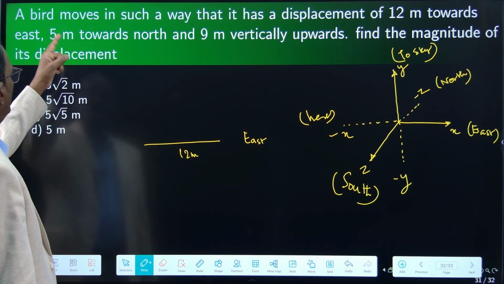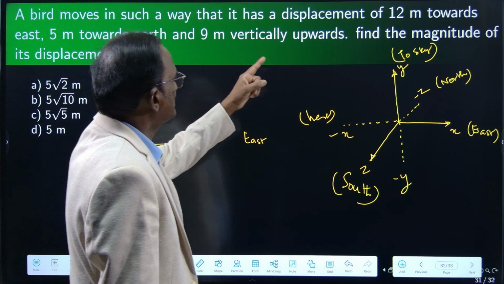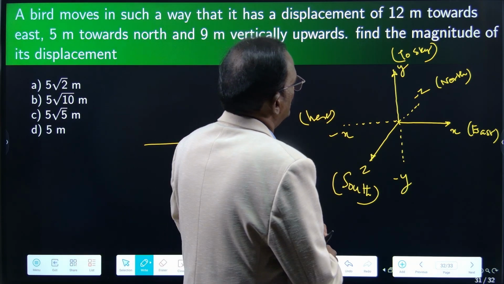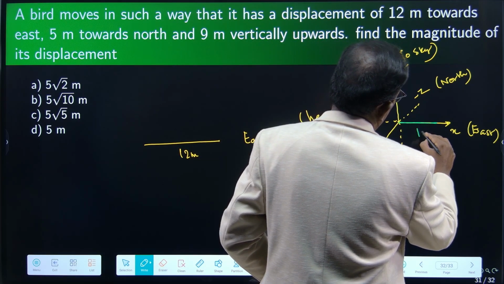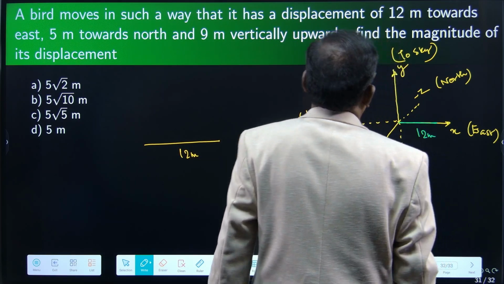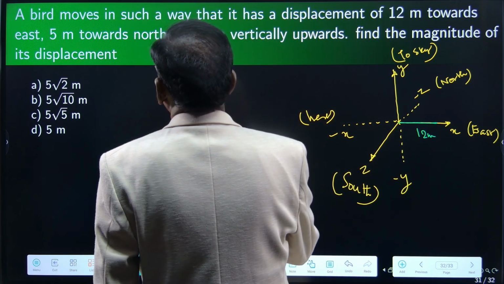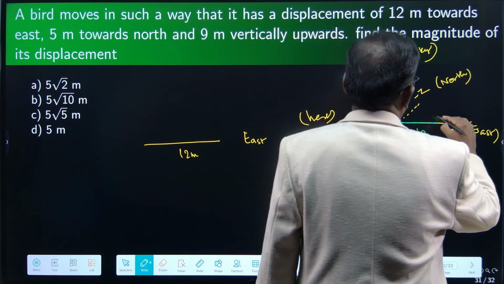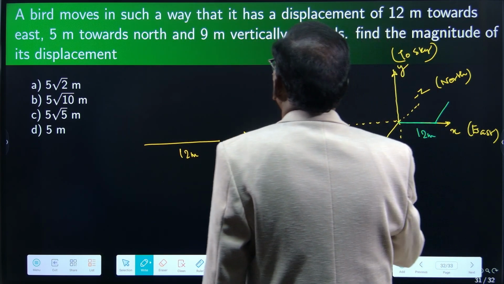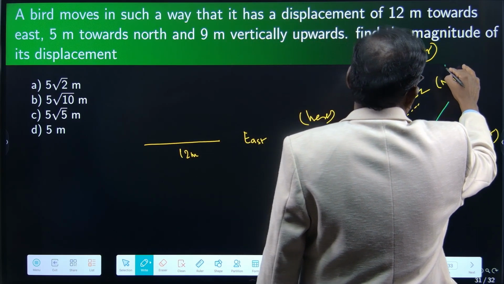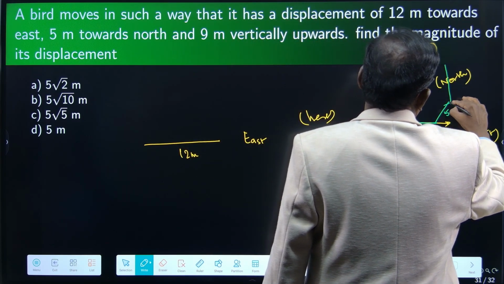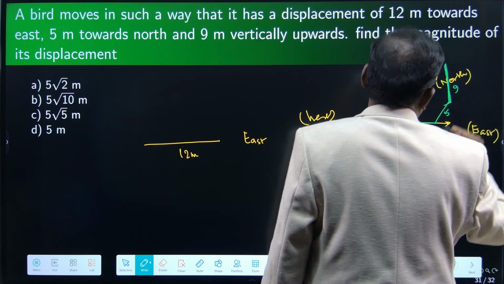Yes, a bird moves in such a way that it has a displacement of 12 meters towards east, 5 meters towards north, and 9 meters vertically upwards. This is 5 meters and this is 9 meters.